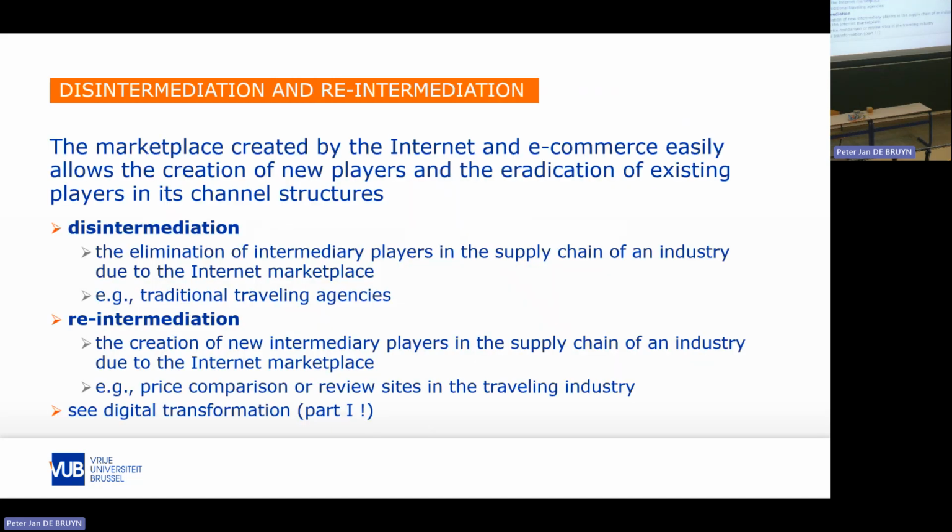So what we saw was that as a reaction to that increased complexity, there was also a little bit of re-intermediation. While some players were pushed out of the market, people also saw, well, this offers us an opportunity to regain a new intermediate place in that supply chain. And also there in traveling agencies, we saw that happening. We saw these price comparison websites, those review sites.